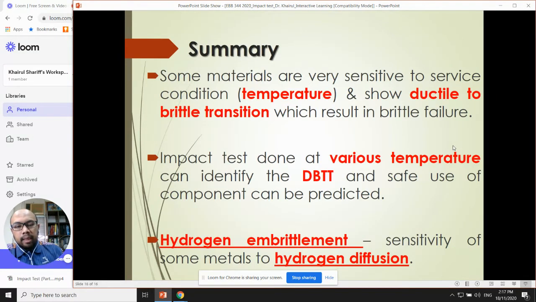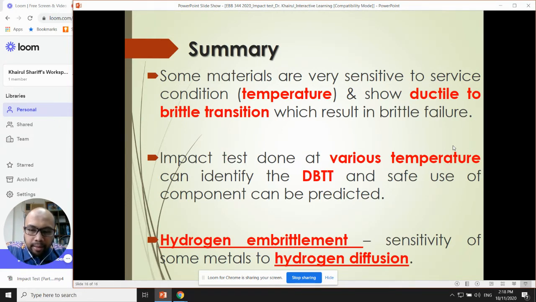Okay, now it becomes a summary. At the end of the impact test, what I want to summarize here is, number one, some materials are very sensitive to service condition, temperature. In this case, we choose temperature and show the ductile to brittle transition, which results in brittle failure.